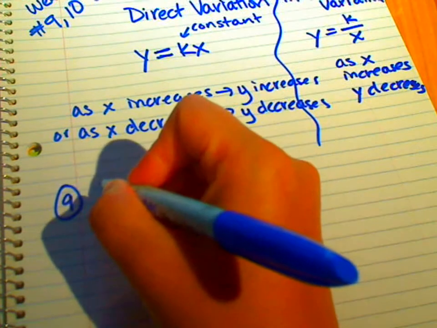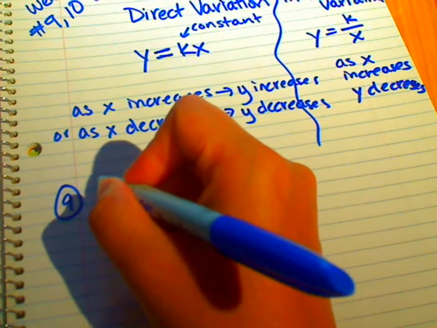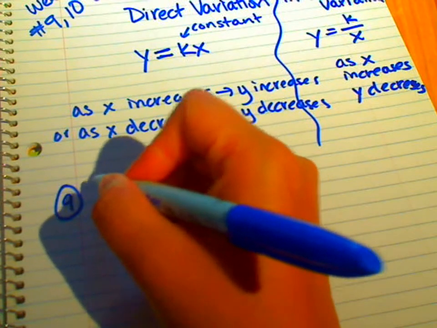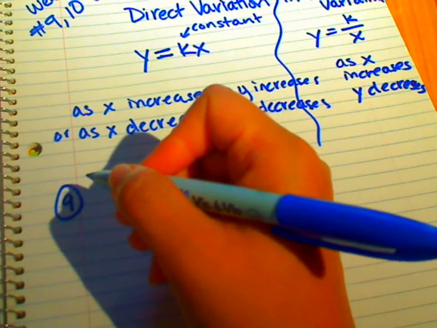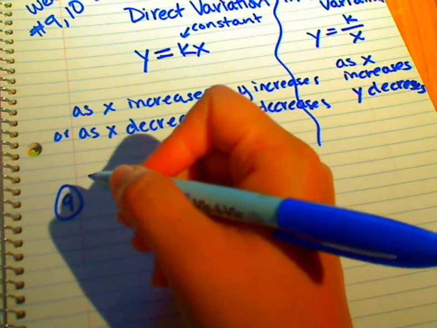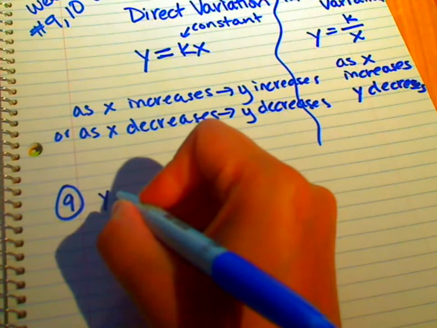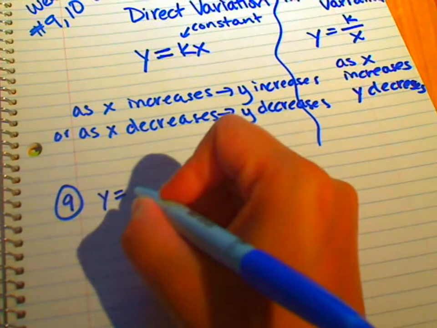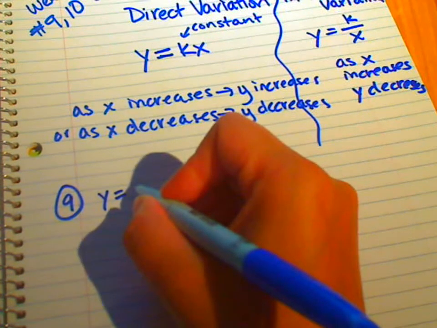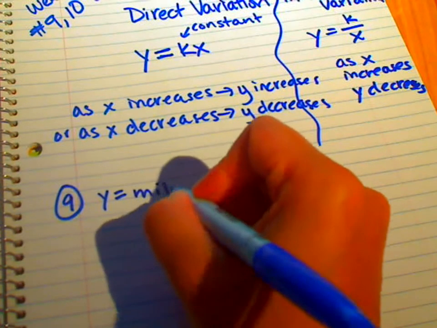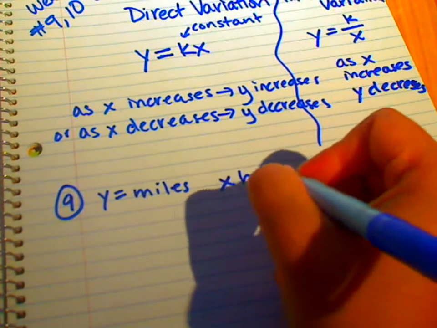So you're going to have to decide your miles and your hours. You really pick, it's not that big of a deal. I would say y is the bigger number because it's going to be easier to divide that way. So y is going to be miles, x is going to be hours.